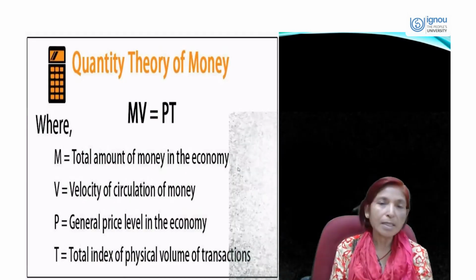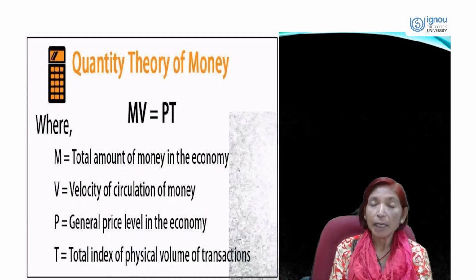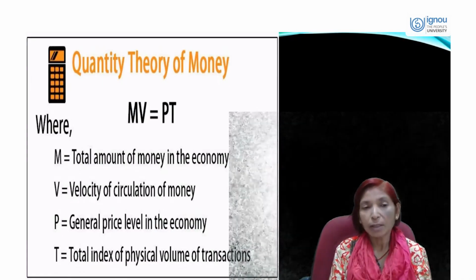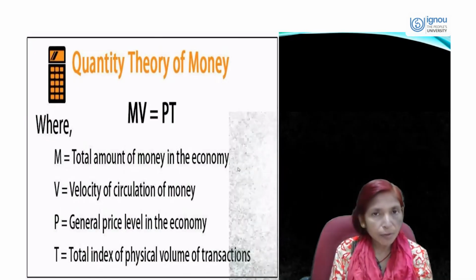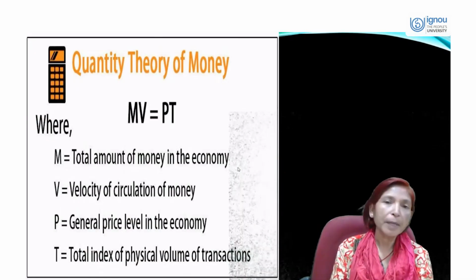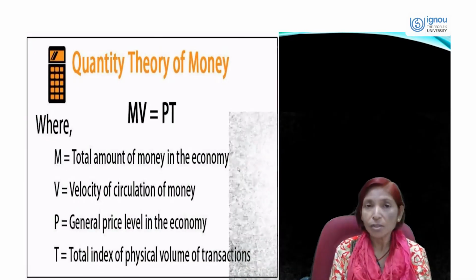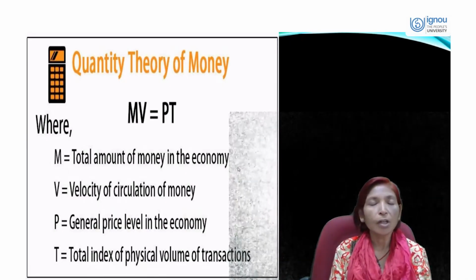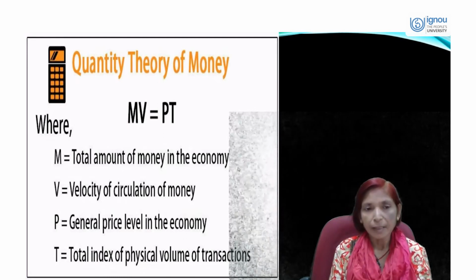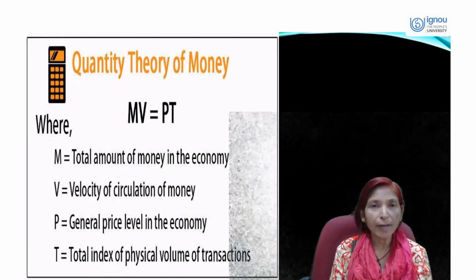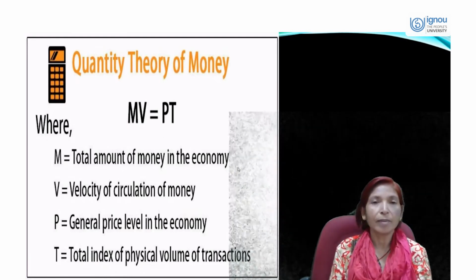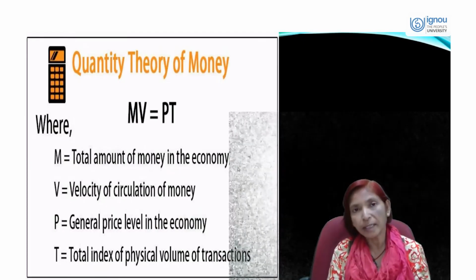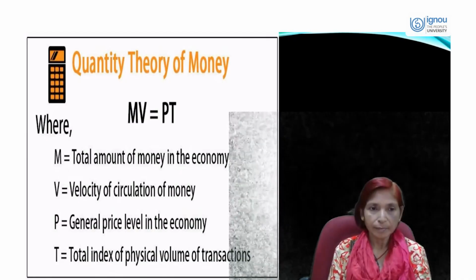If price is a passive factor, then price will be affected by money supply change, but price can never influence money supply. Irving Fisher assumed that price is a passive factor, not an active factor. It means price cannot affect any other variable, but price can be influenced by money supply.